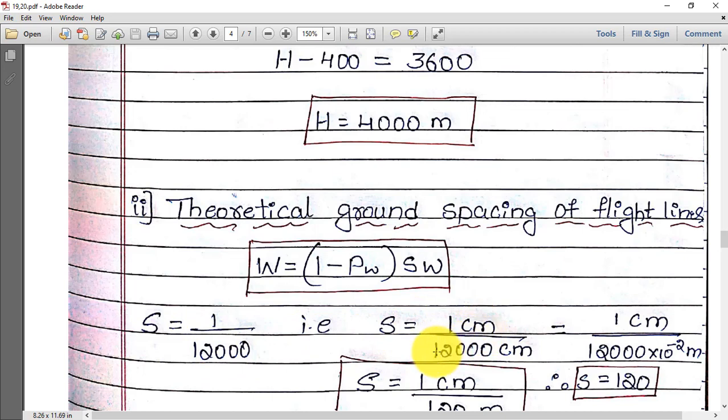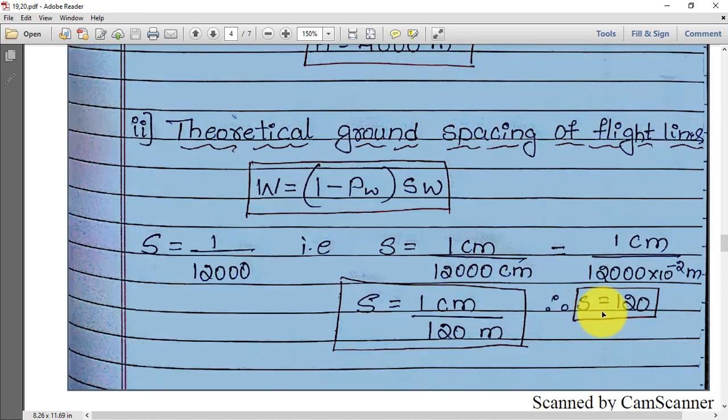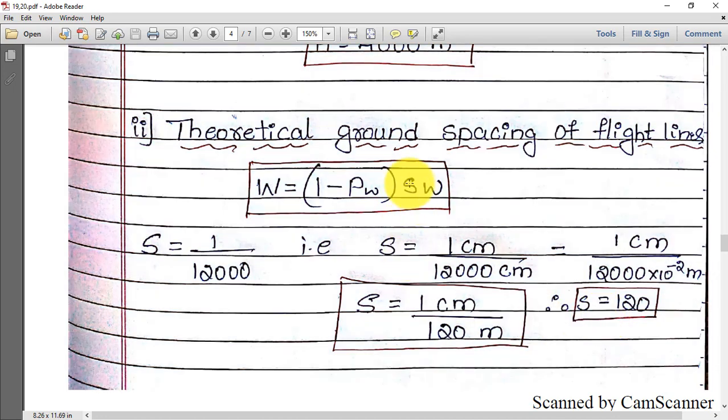That is S is equal to 1 centimeter by 12,000 centimeters. Now centi can be written as 10 power minus 2, so the 2 zeros will cancel. This will become 1 centimeter divided by 120 meter. Therefore S is equal to 120. This is how we calculate the S value.